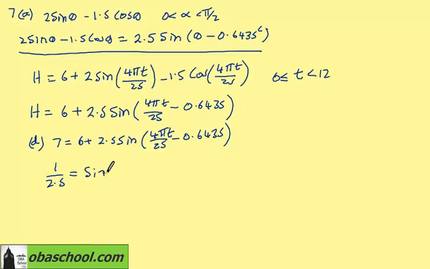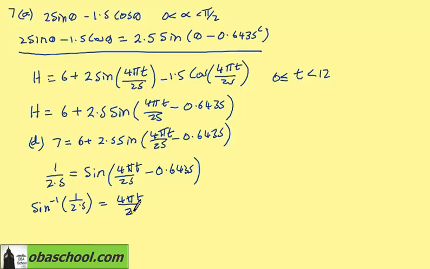So we get sine 4 pi t over 25 take away 0.6435 is equal to 1 over 2.5. So the inverse sine of 1 over 2.5 is going to be equal to 4 pi t over 25 take away 0.6435.